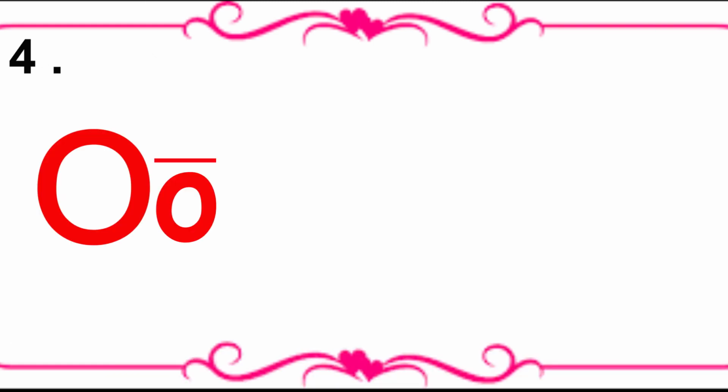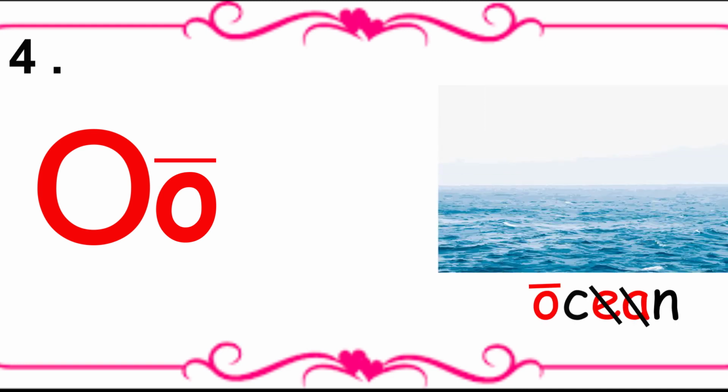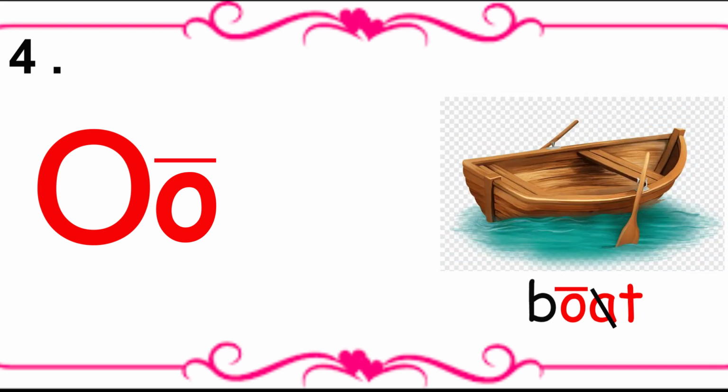Next we have the letter O. The long letter O says O. Can you say the long O sound with me again? O. Good. We have it in the beginning of the word ocean, and also in the middle of the word boat.